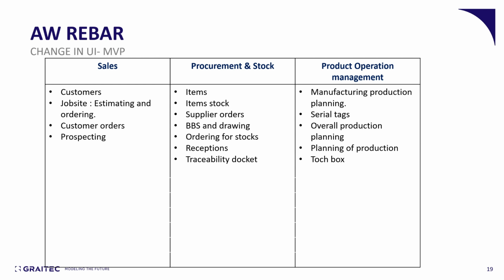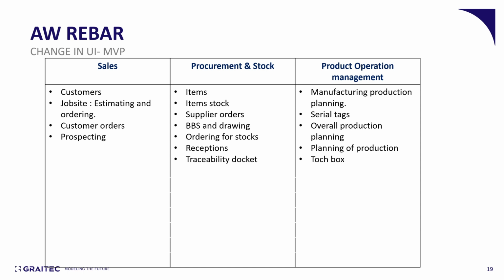Then in procurement and stock, you have the items, item stocks, supplier orders, BBS and drawings, ordering of full stocks, receptions, traceability docs. And then the production, obviously, manufacturing, production planning, zero tags, overall production planning, planning of production, and as I mentioned to you before, touch box. So this is very much the MVP, and I've given you a good example of what our software does for the rebar industry.